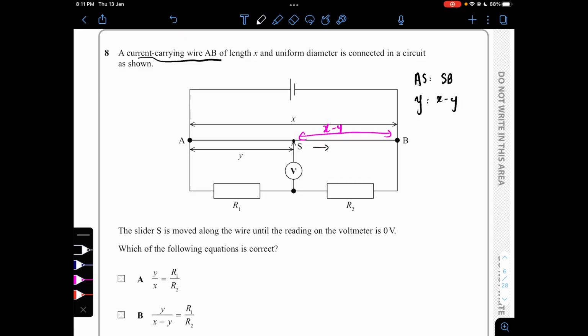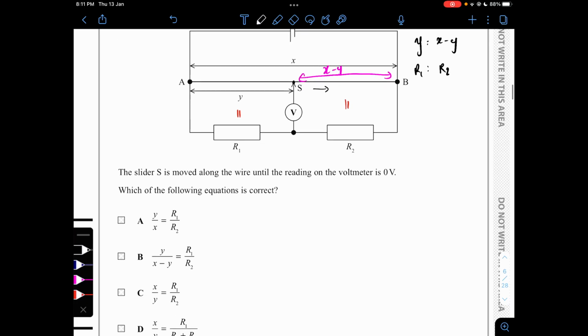Now what does this correspond to? Y corresponds to R1, and X minus Y corresponds to R2. Because they want an equation, all we have to do is multiply across: R2 Y equals R1 (X minus Y).